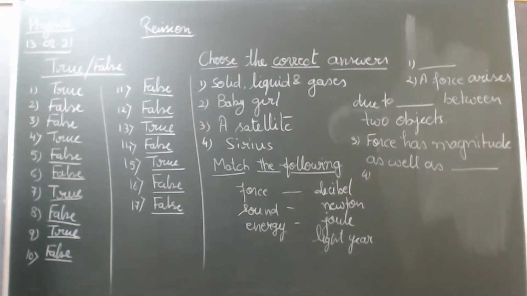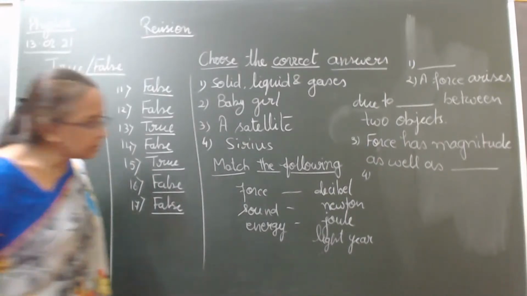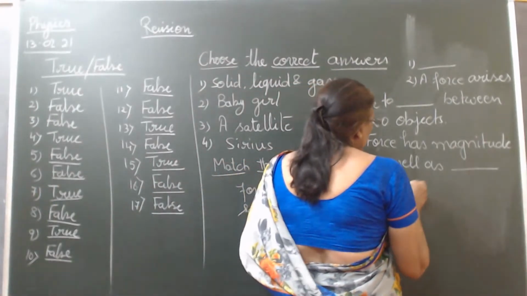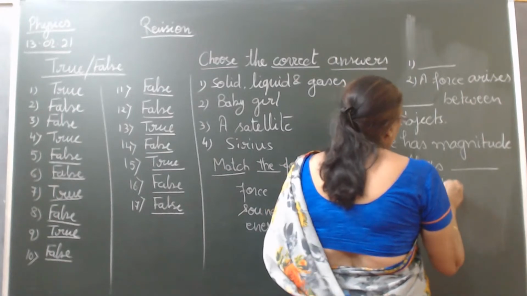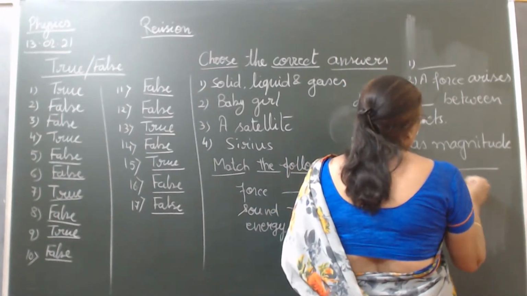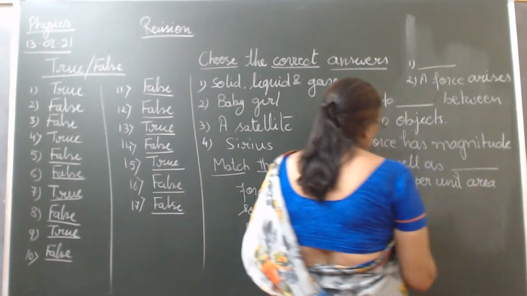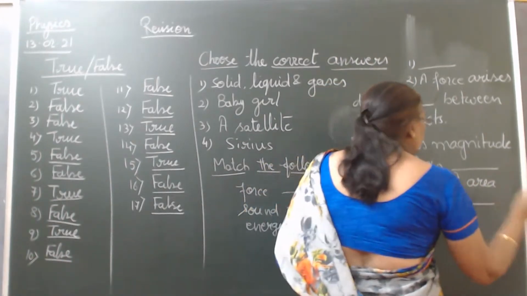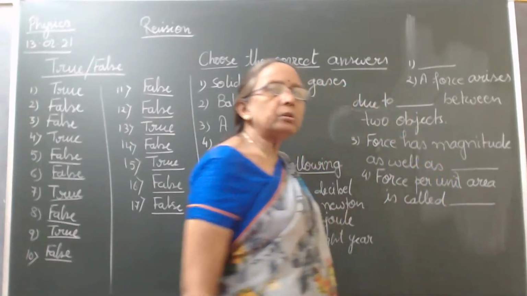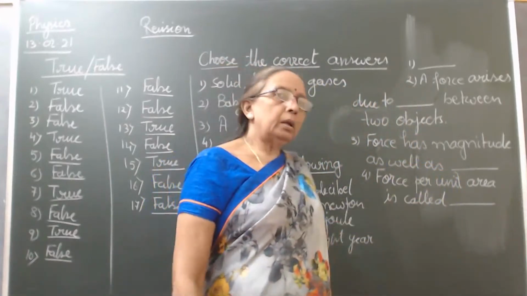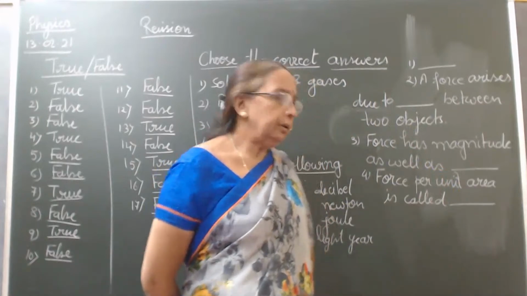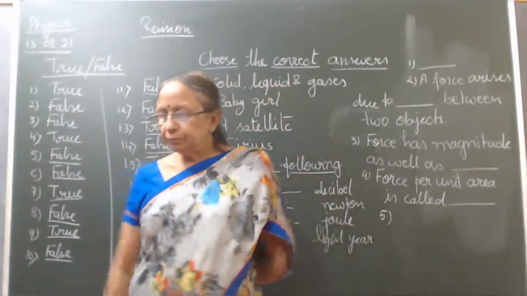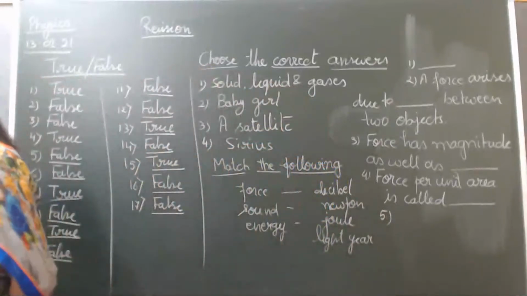Then, force per unit area is called what? Pressure. Force acting per unit area is called pressure. Like that. The next one.